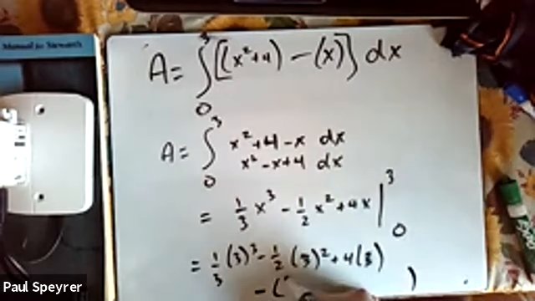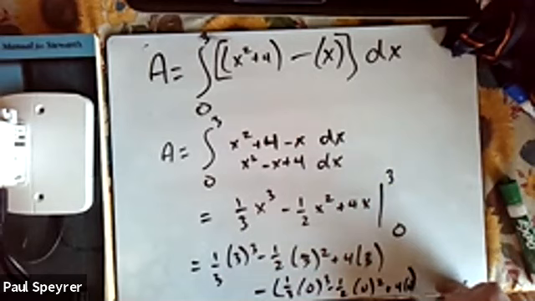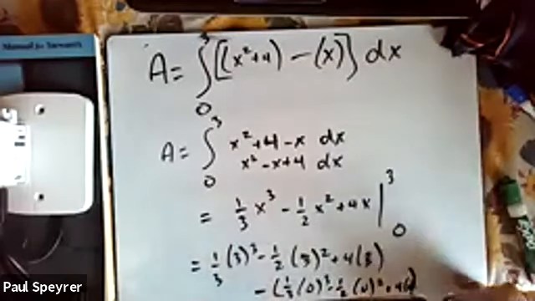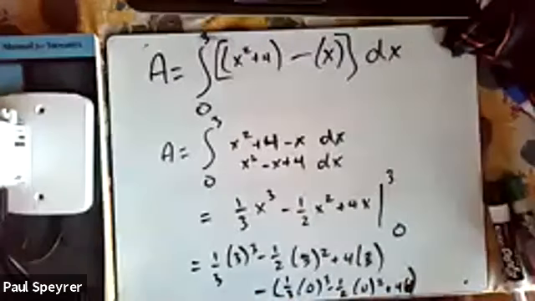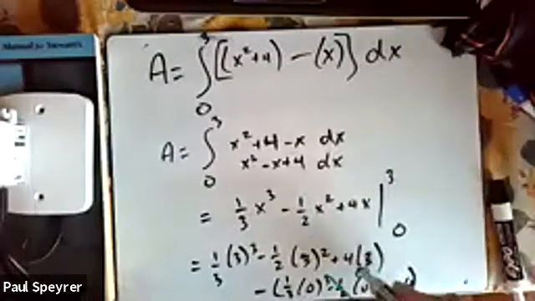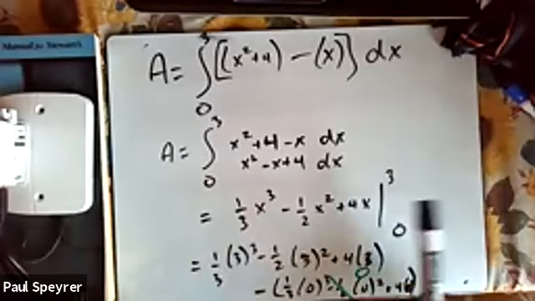So this is 1/3 times 0 cubed minus 1/2 times 0 squared plus 4 times 0. But what's nice is, since these are all zeros, all this is going to cancel out to a 0. So that's nice. So really, we just need to figure out what is all this stuff.